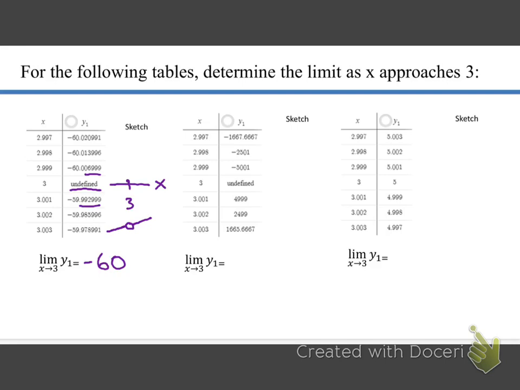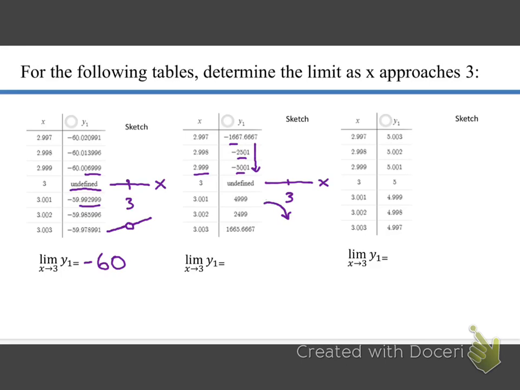On the next table, again, I'm just going to draw the x-axis, and I am interested in as x approaches 3. Okay. And again here, as I look from this direction, we have negatives getting bigger in the negative direction, so it appears that at 3, for the values less than 3, it's probably doing something like that.